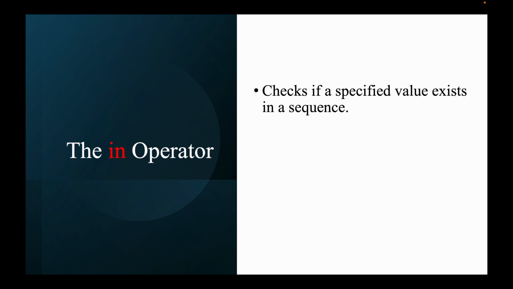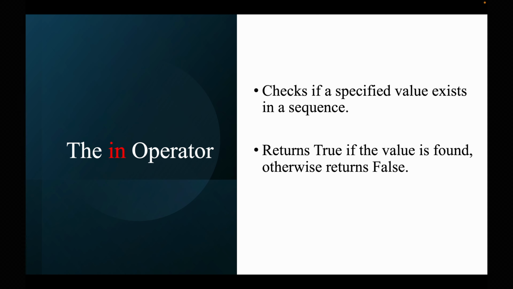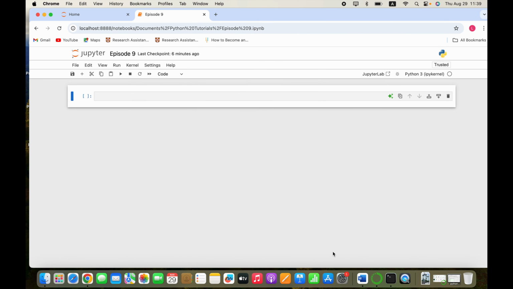The first one is in operator, and it checks if a specified value exists in the sequence, and it returns true if the value is found, otherwise it returns false. Now let's go and write Python code for in operator. Hash the in operator.